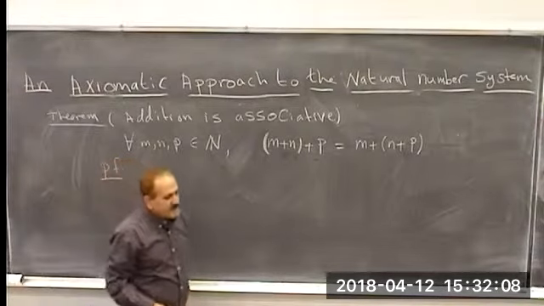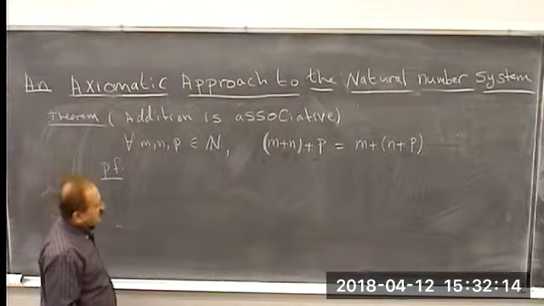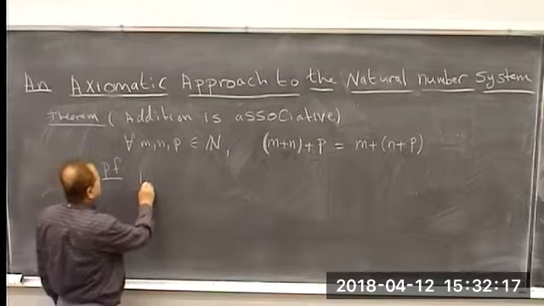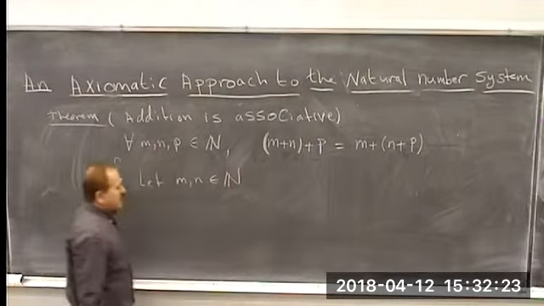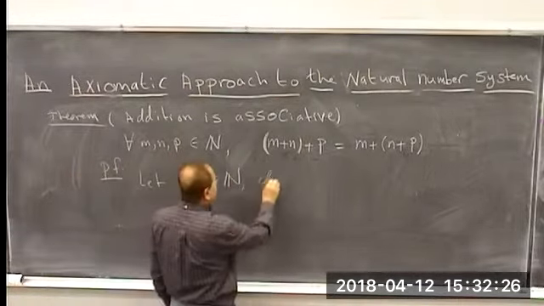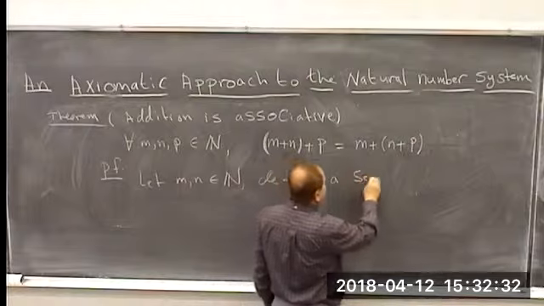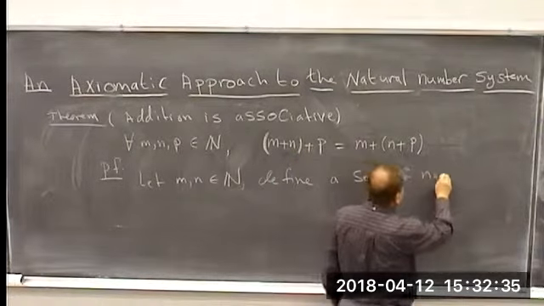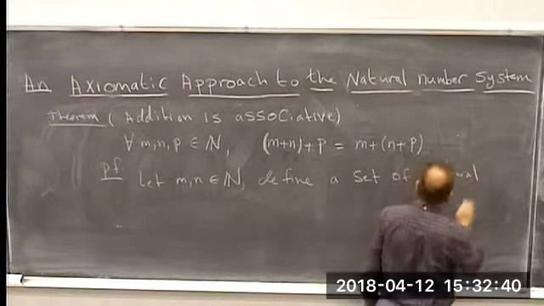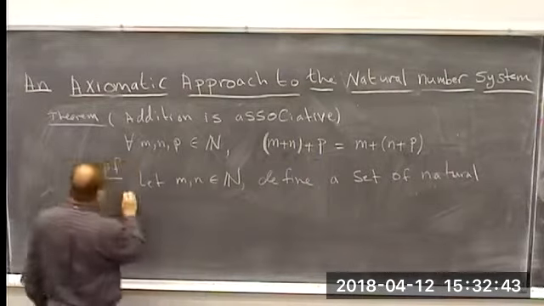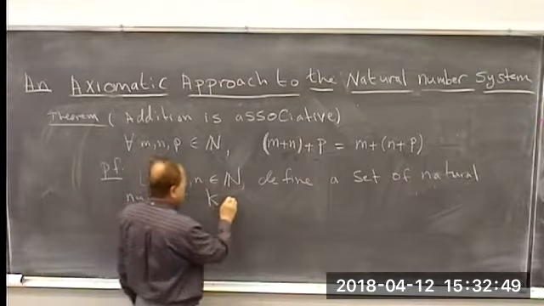And again, we're going to see that we're going to be using the induction axiom. So we're going to let m, n be any natural numbers, and we're going to define a set of natural numbers, okay, to be this.